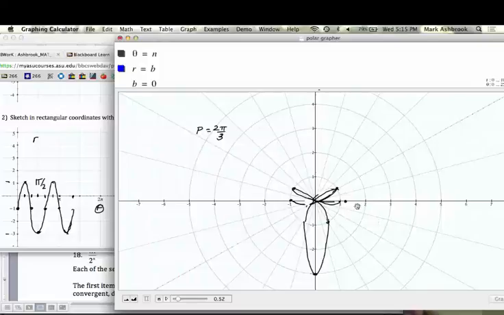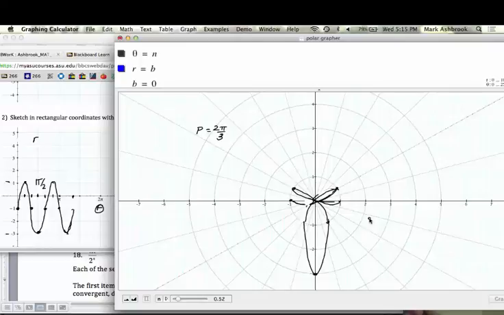Okay, and then it's going to do that whole thing again, but it's going to be all now symmetric about the x-axis up top. So it's going to do this and come back and go up here, and then around back like this. So let's just stop there.